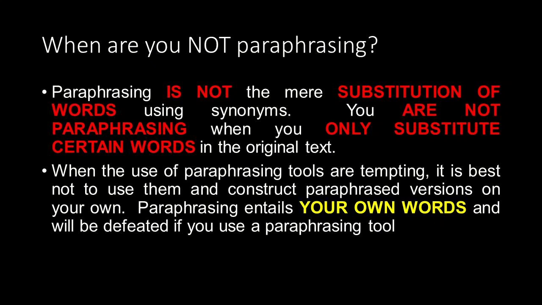If it is the same, then use your paraphrase without the paraphrasing software or paraphrasing tool. The tool is just there to check whether you have a good grasp of what has been discussed in the original material. If you already do, then you don't need a software to help you paraphrase the materials in the future. Okay, so it is your own words and not the words of a paraphrasing tool.